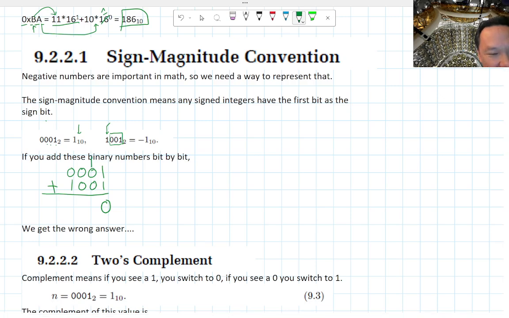Sounding familiar, right? So 1 plus 0 plus 0 gives you a 1. 0 plus 0, there's no carry there, so it's 0. But if you convert this to decimal, it's a negative number because we have a 1 in front, but this is the 2's place, so it actually gives you -2 in decimal. Obviously 1 plus -1 does not equal -2.